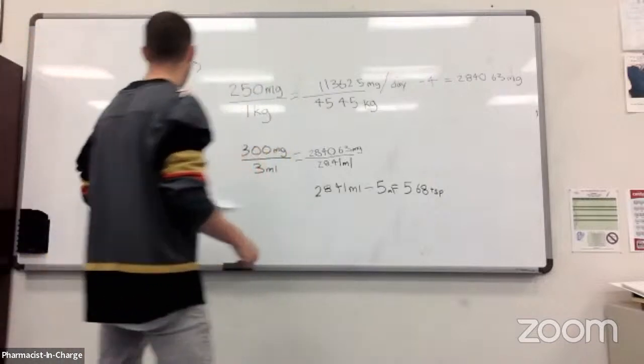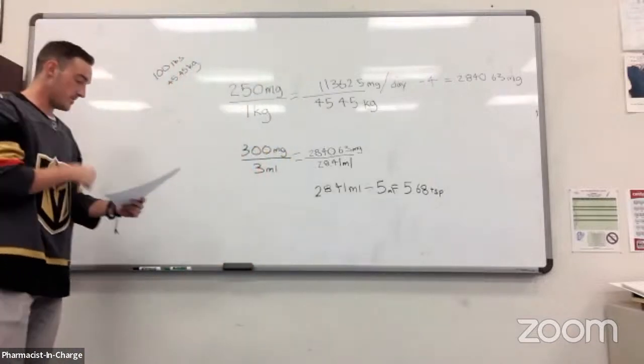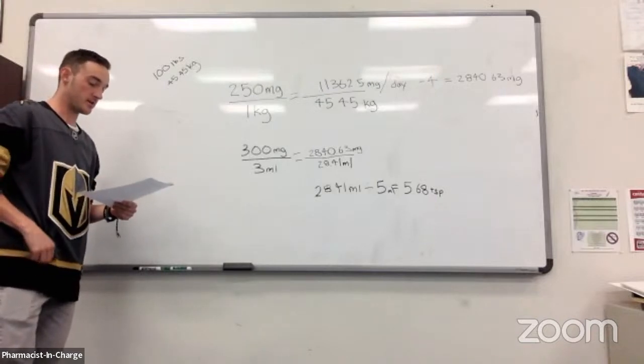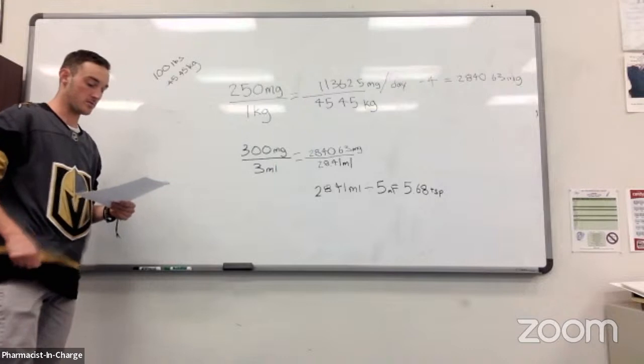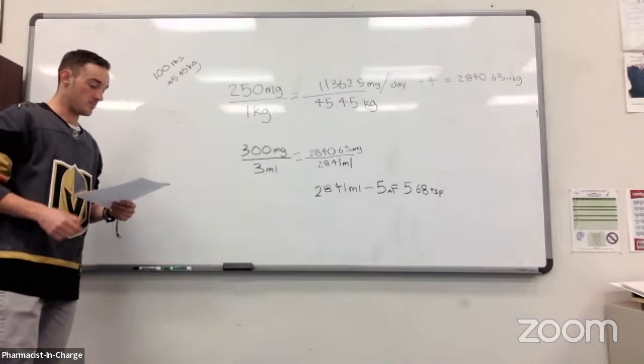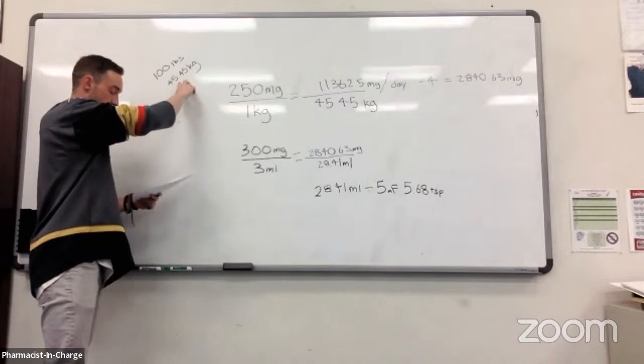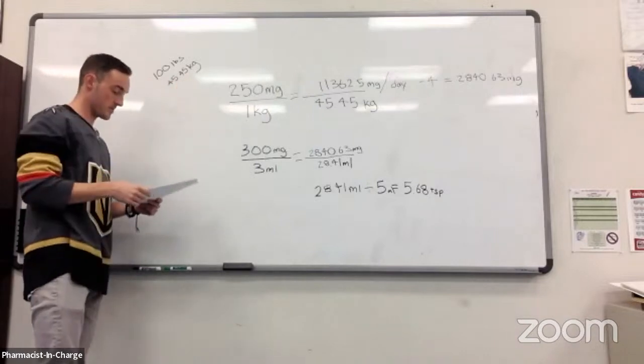So it says the recommended dosage for ampicillin is 250 milligrams per kilogram per day in 4 equal divided doses. Susie is 100 pounds, so if you convert that, you get 45.45 kilograms.